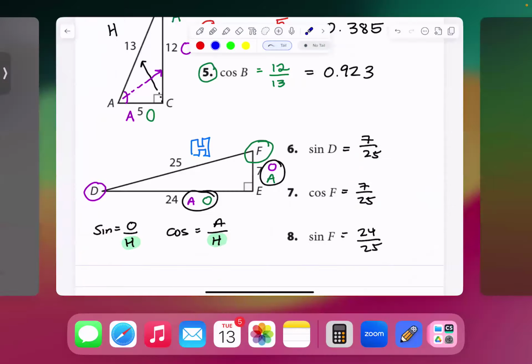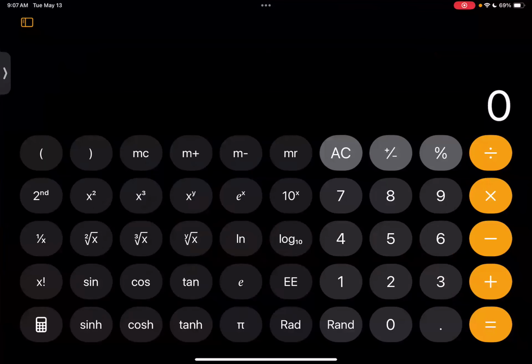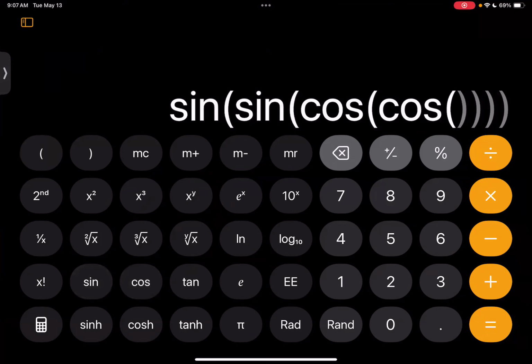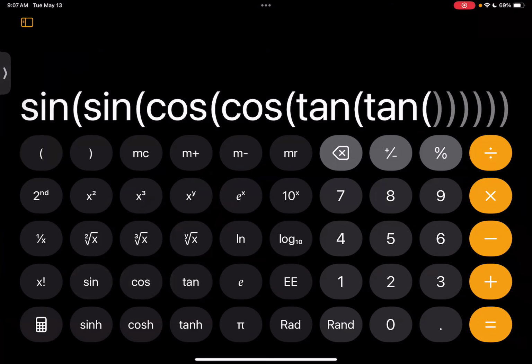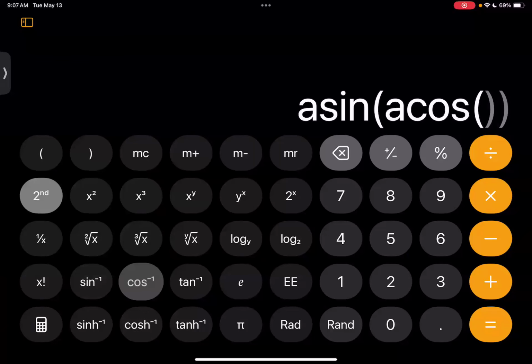All right. Now what I want to do is go to this calculator. You see sine, cosine, tangent. Sine is here, cosine is here, and tangent is here. We are going to be using these buttons. We are also going to be using the inverse buttons.